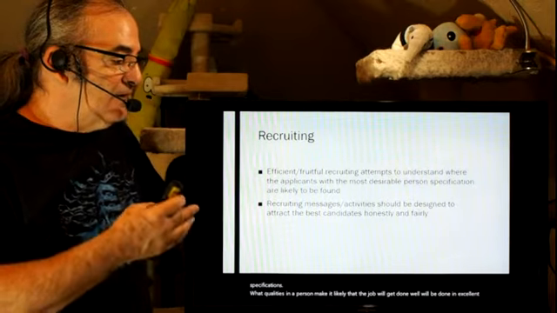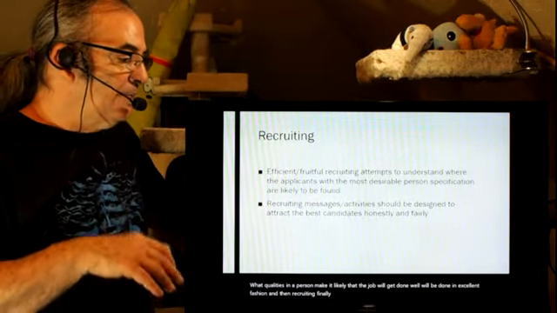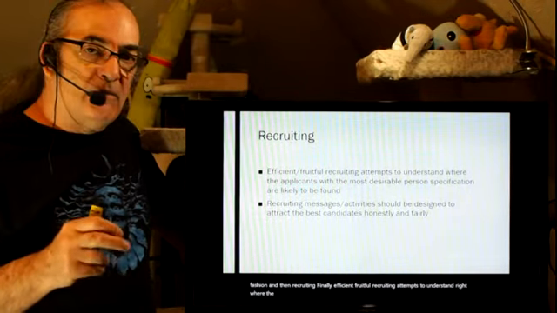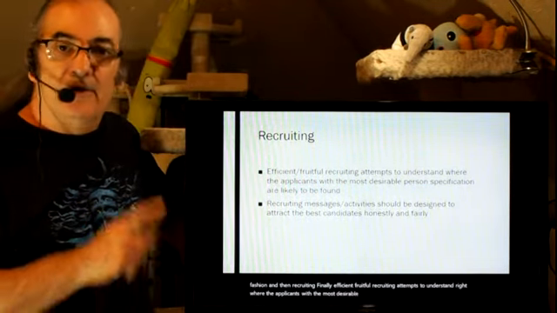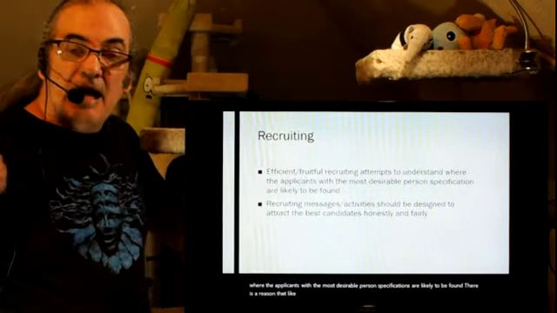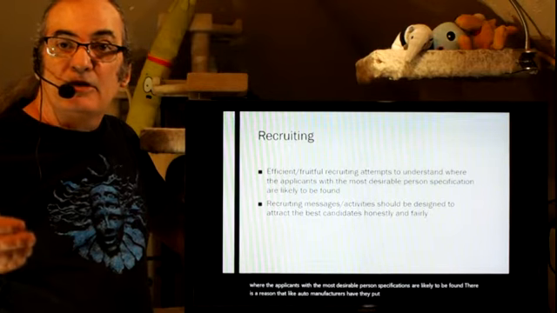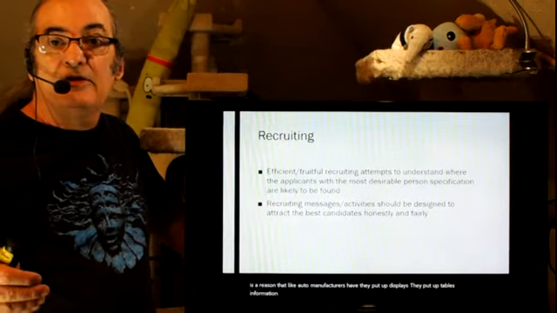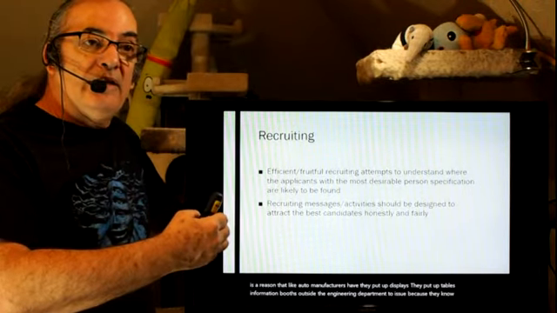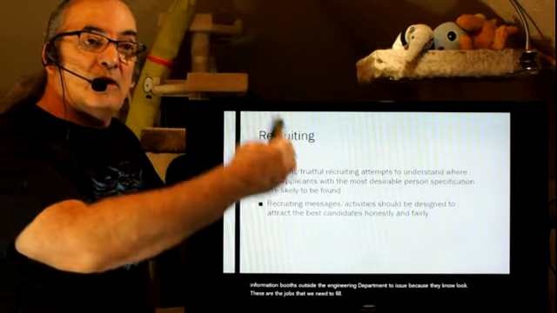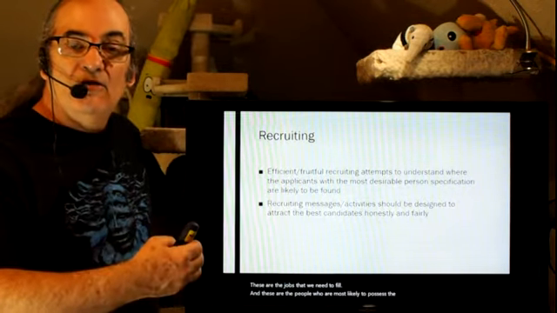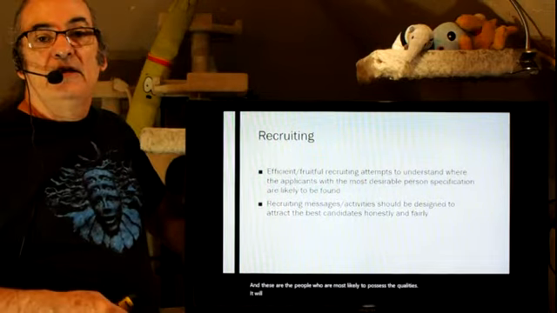And then recruiting, finally. Efficient, fruitful recruiting attempts to understand where the applicants with the most desirable person specifications are likely to be found. There's a reason that auto manufacturers put up displays, tables, and information booths outside the engineering department at OSU, because they know, look, these are the jobs that we need to fill, and these are the people who are most likely to possess the qualities that will fill those jobs well, that can do the function.